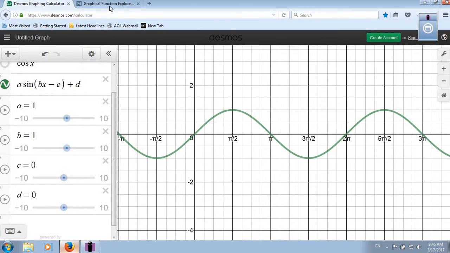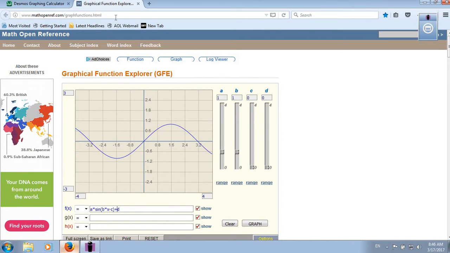There's another website called the graphical function exploration. You can also set up the equation like what I have done here: a times sine of b times x minus c, plus d. You can slide the amplitude, increase or decrease the frequency, change the phase shift, and change the d value, which is the displacement or the midline.